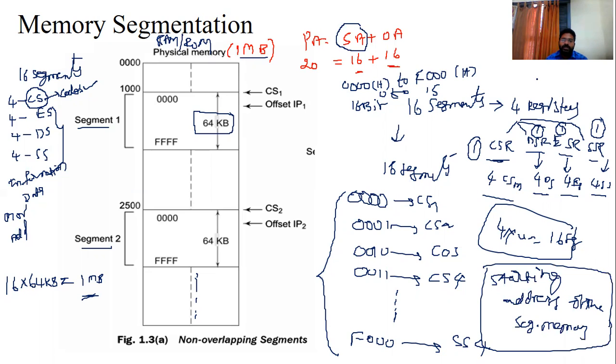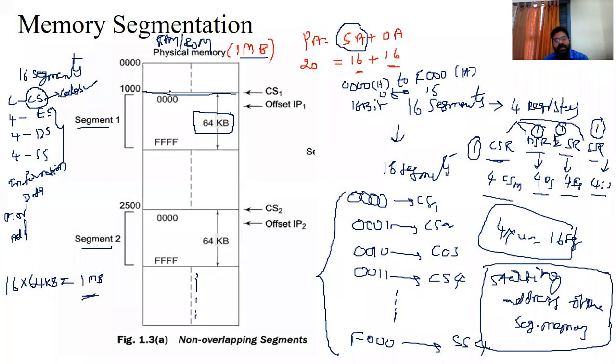Okay, starting address of the segmented memory. You understand? So the physical address is nothing but the segment address plus the offset address. The segment address will identify, out of those 16 segments, only the starting address of these segments.